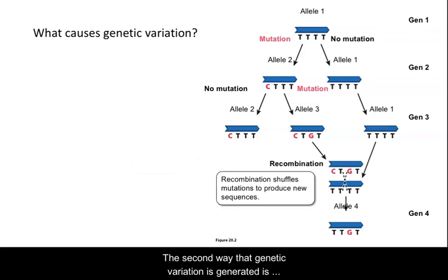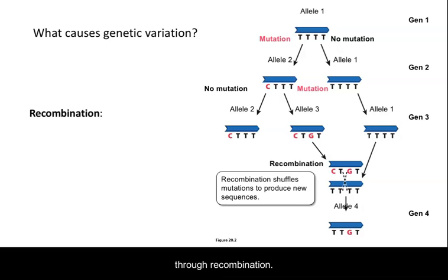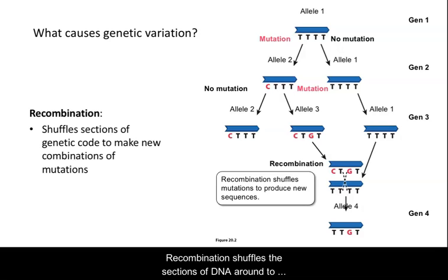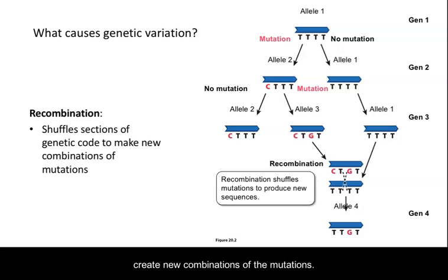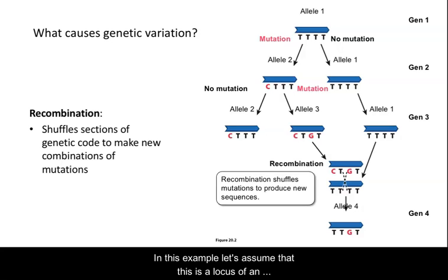The second way that genetic variation is generated is through recombination. Recombination shuffles the sections of DNA around to create new combinations of the mutations. In this example, let's assume that this is a locus of an individual. It has allele 3 on one of its pair of chromosomes and allele 1 on the other one of the pair.